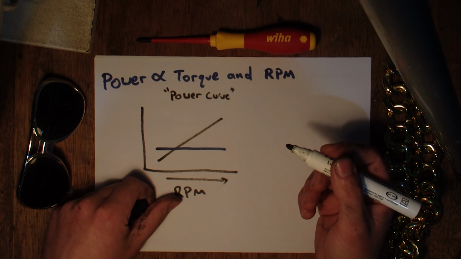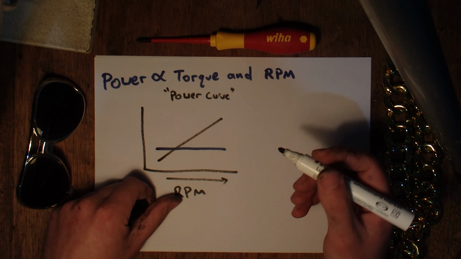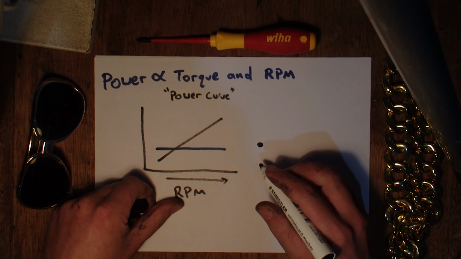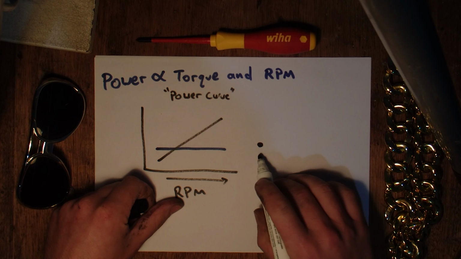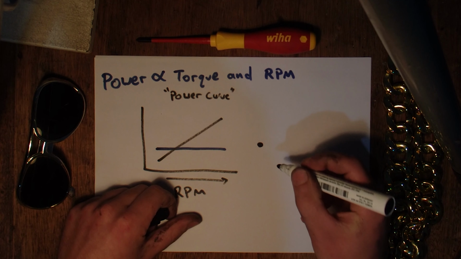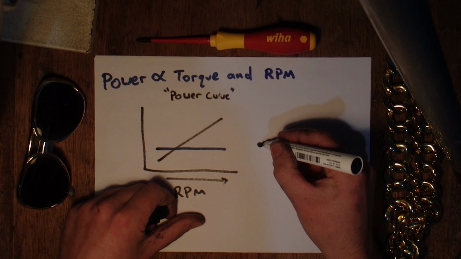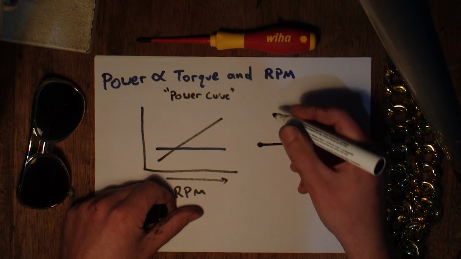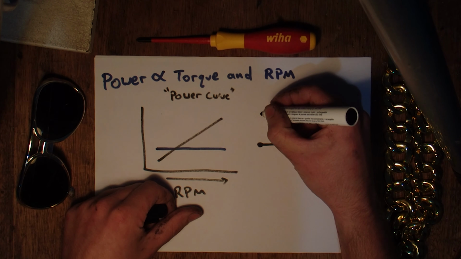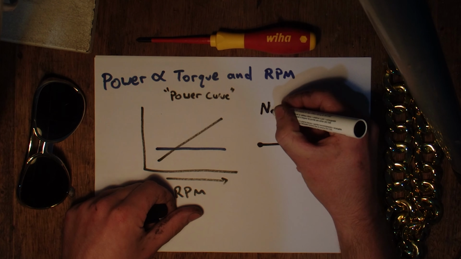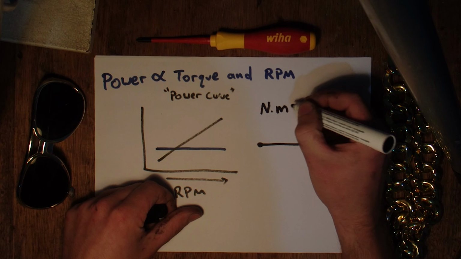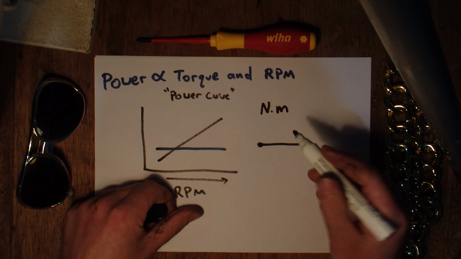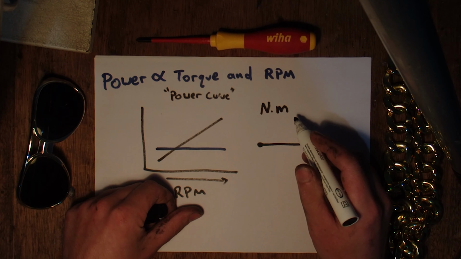So with torque, pretend that's a bolt or a drive shaft in the case of the car, and you've got a lever on the side of it. If we're talking about Newton meters, that refers to a Newton, which is a measure of force, and a meter, which is a unit of distance.